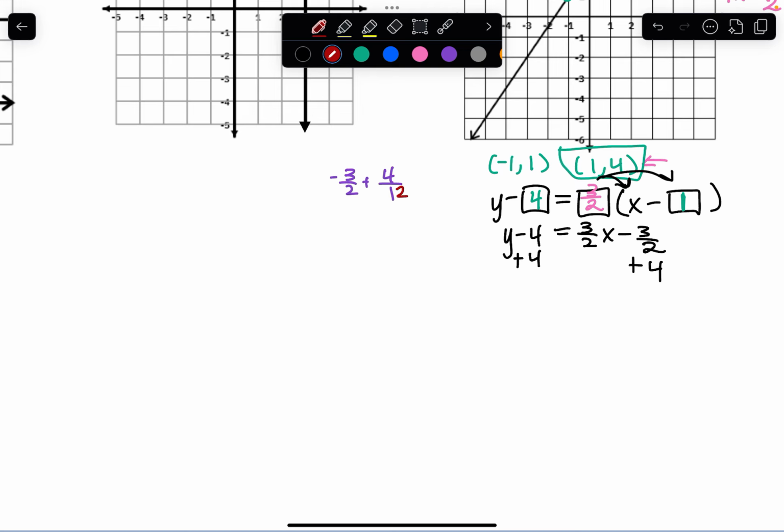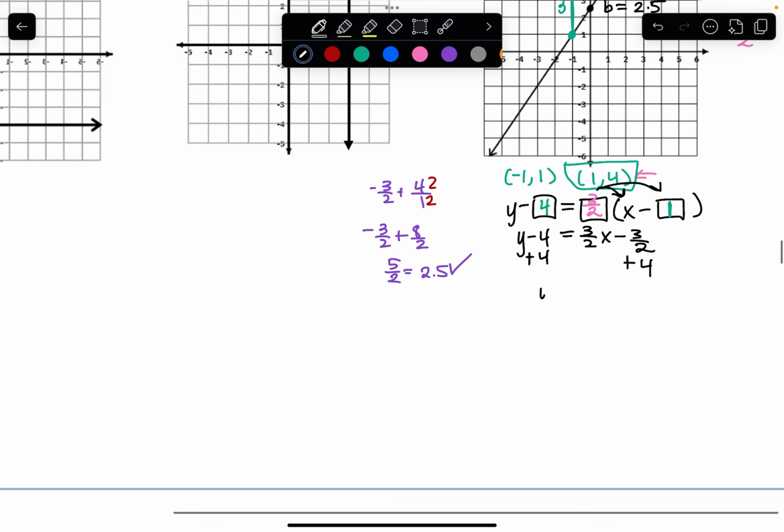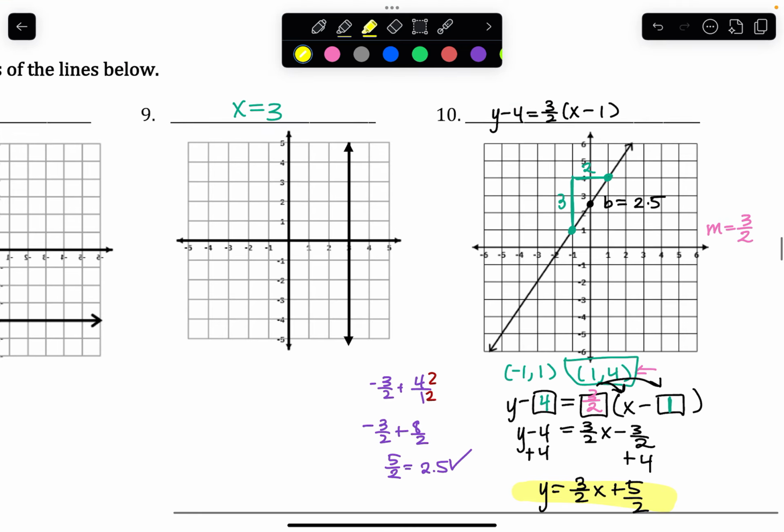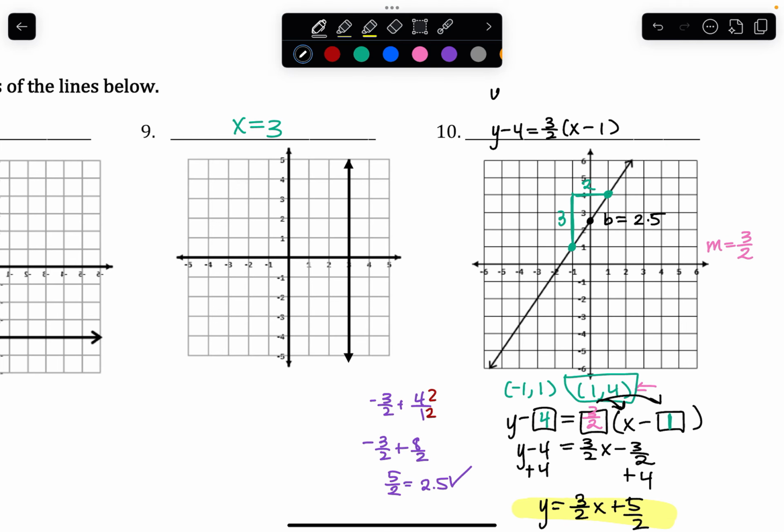So I'm going to get my common denominator, which gives me -3 halves plus 8 halves, which is 5 halves, which we know is 2.5. So it does work out to be what we expected. And so that would be our slope-intercept form. And so we can write both. Y equals 3/2 x plus 5/2.